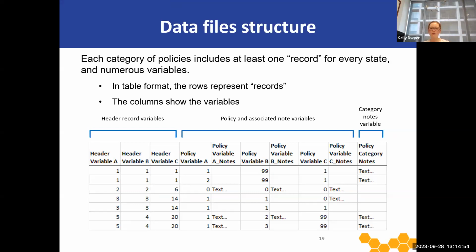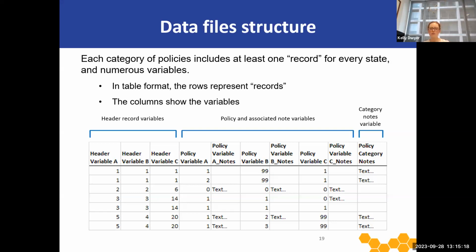For the policy variables notes fields, you will see that the policy variable name is repeated and followed by an underscore notes. This picks up additional details that are relevant to understanding the specific policy for that state. In some cases, you will find that these notes fields are providing detail beyond the primary policy coded in the variable.